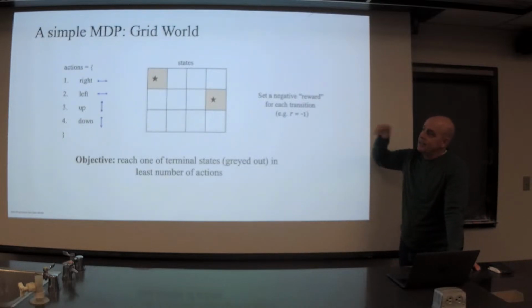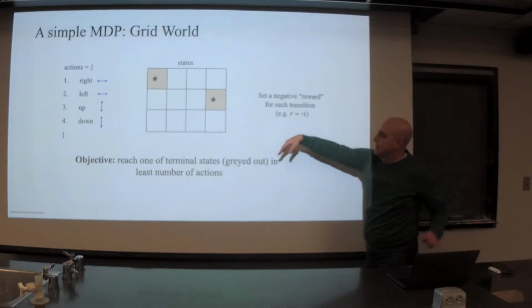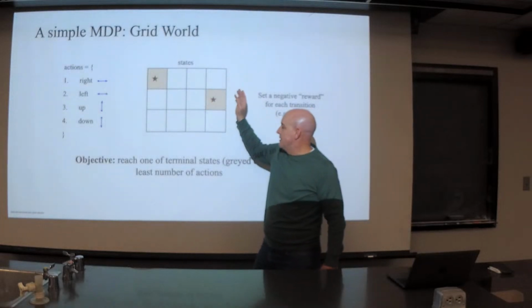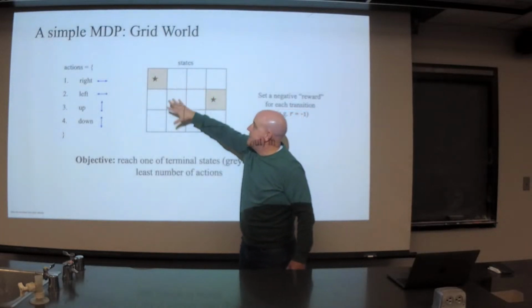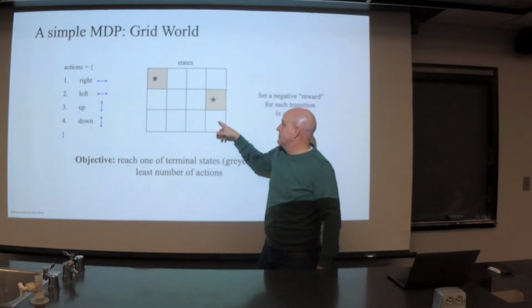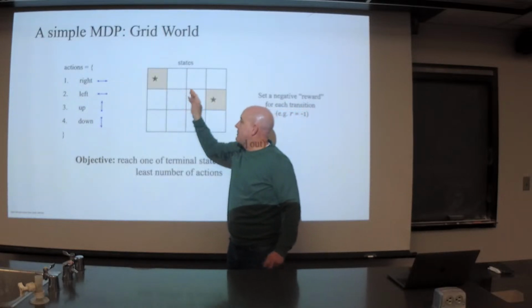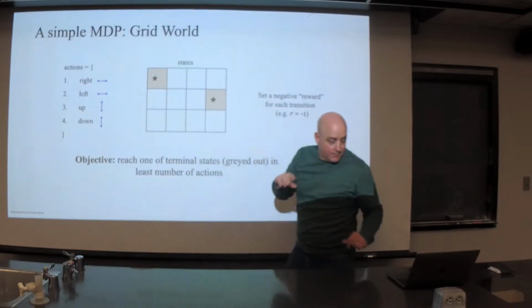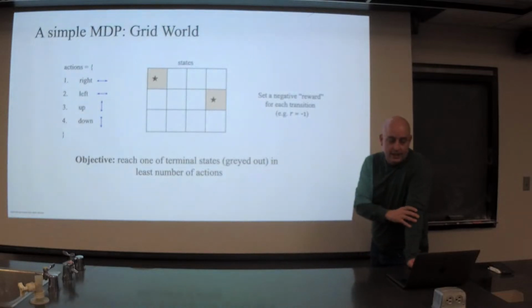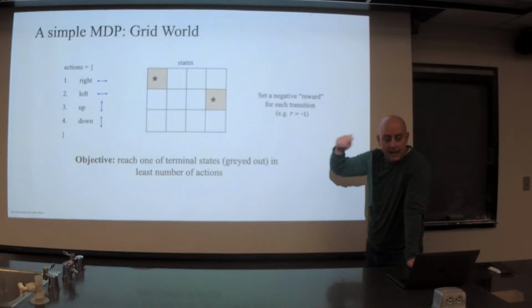But grid worlds kind of look like this in general: 2D grids. The states of this world are all these grid cells. The cells might have certain characteristics in addition to just being a place where the agent can be.